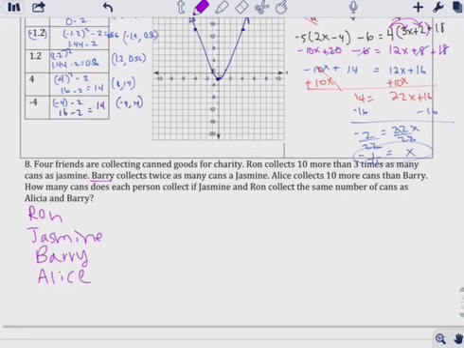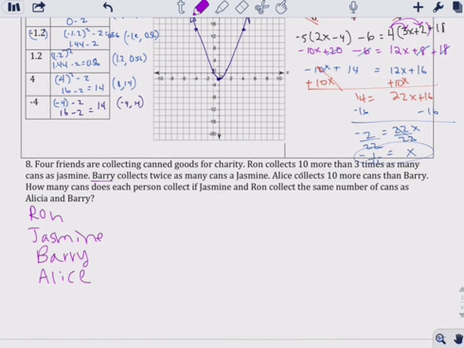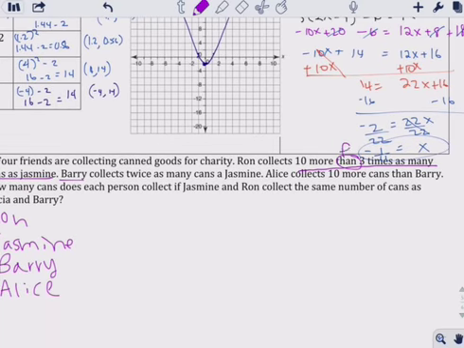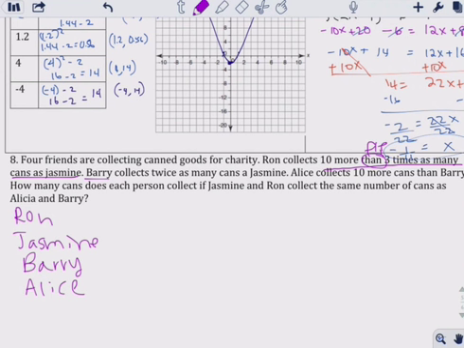Okay, 4 friends. Ron collected 10 more than 3 times as many cans as Jasmine. So 10 more than, flip. So Ron is plus 10 in the back. But 3 times as many as Jasmine. So that's 3 times Jasmine. Jasmine we don't know. We'll give it an x for Jasmine. Barry collected twice as many cans as Jasmine.